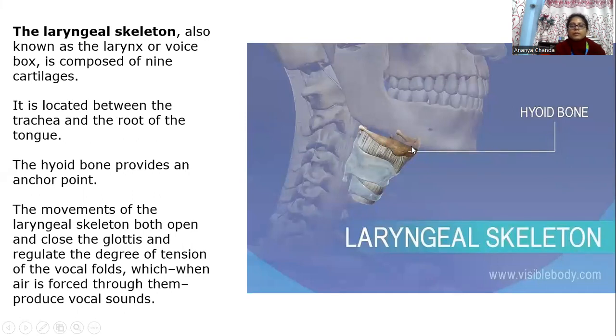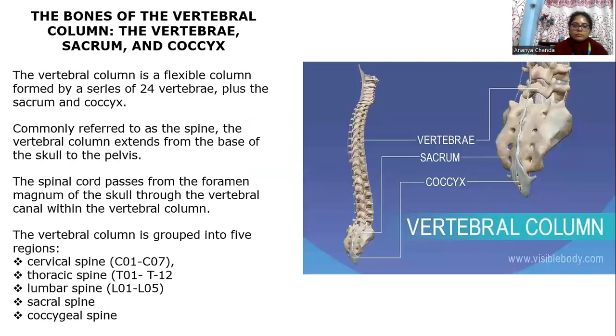It is composed of 9 cartilages and it is located between the trachea and the root of the tongue. Thus, the hyoid bone provides the attachment point. The movement of this bone both opens and closes the epiglottis and regulates the degree of tension of the vocal folds, which when air is forced through them produce vocal sounds.